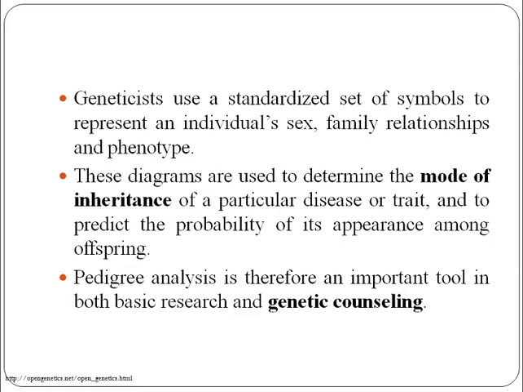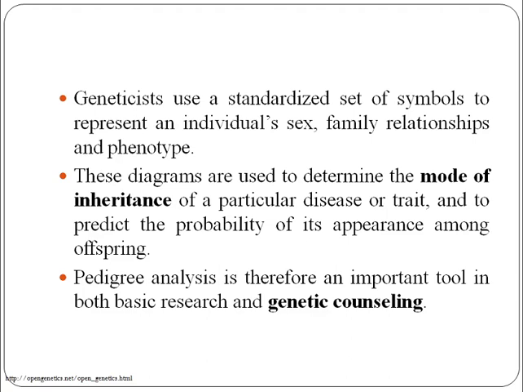Now, geneticists use a standard set of symbols to represent individual sex, family relationships, and phenotype. So these diagrams are used to determine the mode of inheritance of any disease or trait, to predict the probability of appearance of that trait or disease among the offspring of that family, right?